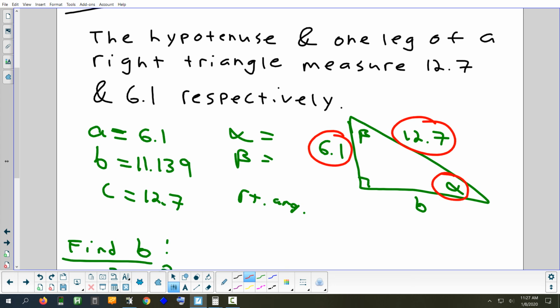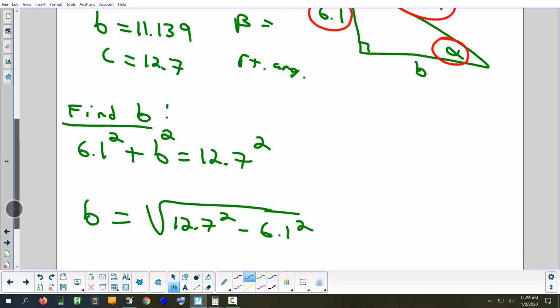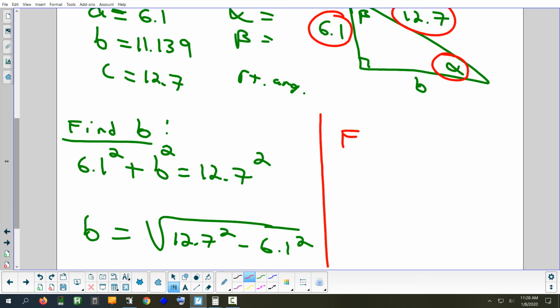Okay. Same thought process. I need to look at that diagram and pick a trig function: sine, cosine, or tangent. What trig function would involve everything that I have circled in red? Yeah, we're going to use sine. So now we're going to find alpha.